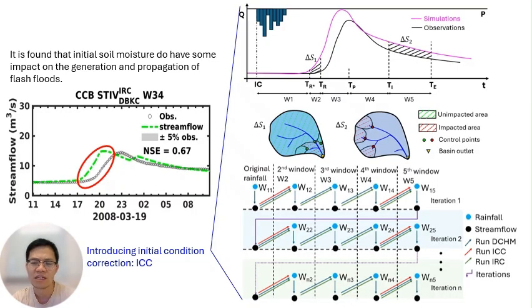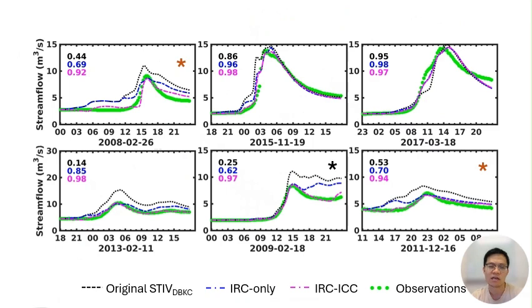What we see is overall very significant improvement to the hydrograph. Here we're comparing the original simulation using the original Stage IV, then the blue curve, which is the IRC only, and then the coupled IRC and ICC results in pink.